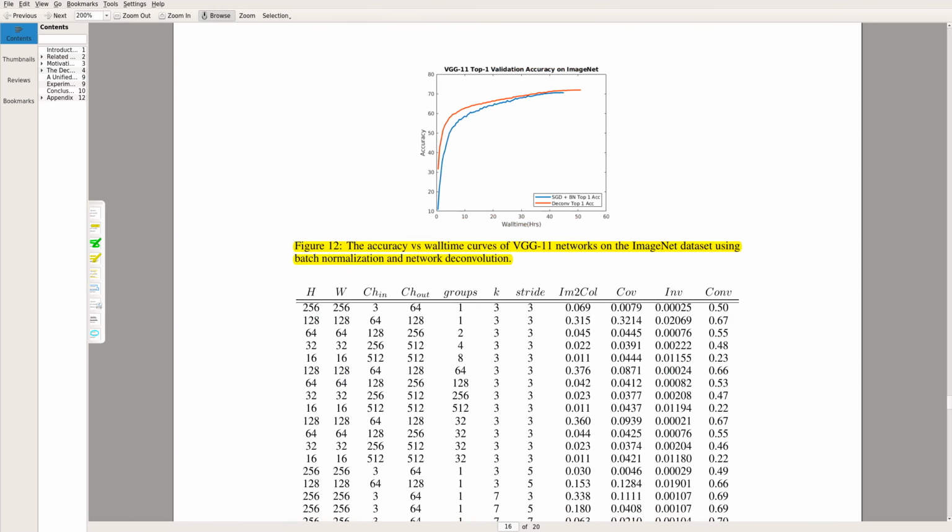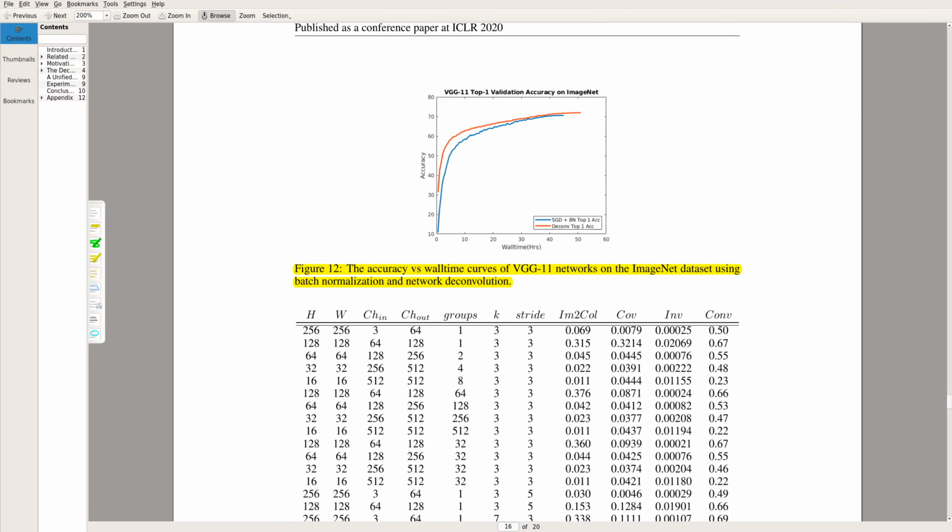In the appendix, they have this figure 12 where they show the accuracy versus wall time, and they show here that they always converge faster to the better result.